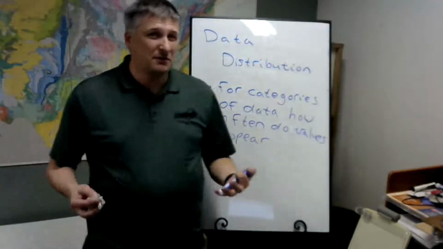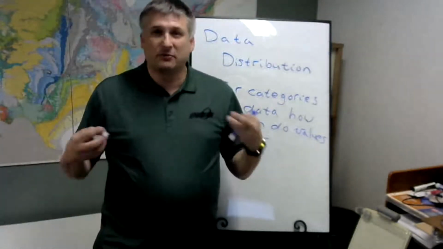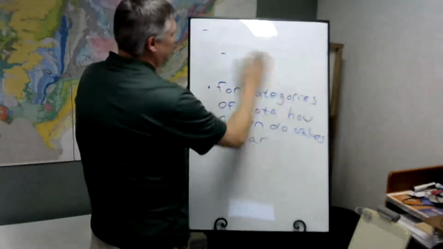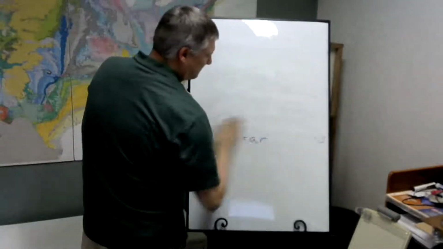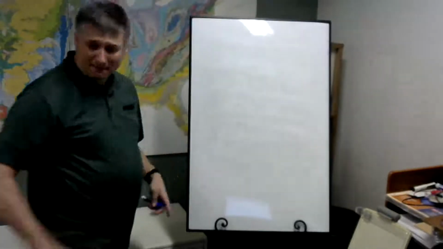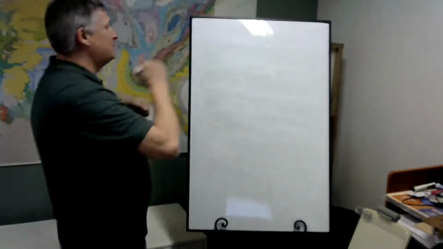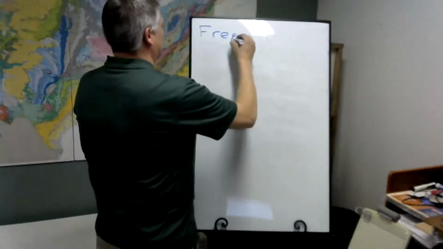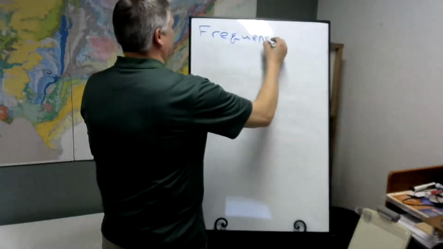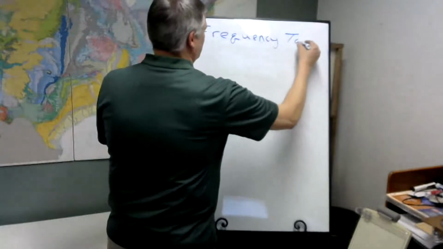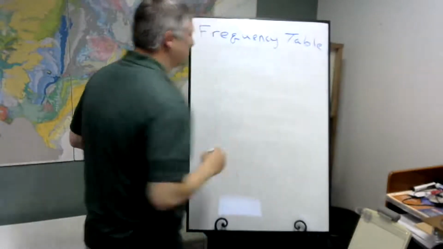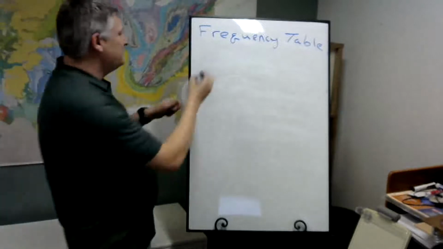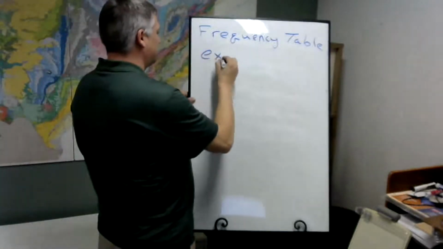So I want to do this using what we're going to call a frequency table. And we're going to develop this a little more sophisticated later on. I'm going to illustrate these using an example. So let's say we do have our quiz.